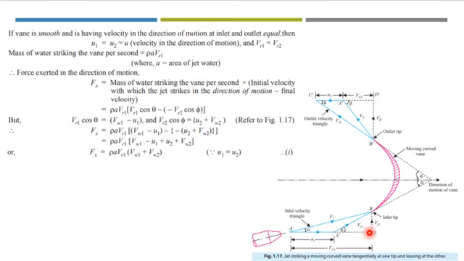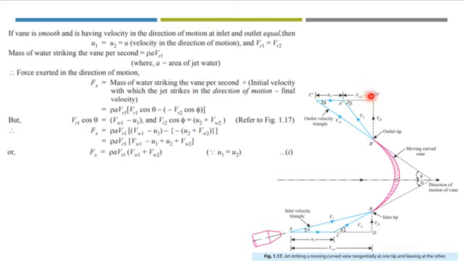One more thing you can see from this figure, that VR1 cos theta: if you resolve this velocity VR1 into x and y component, then this dotted line is the x component of relative velocity, which is equal to VW1 minus U1, you can see from this figure.